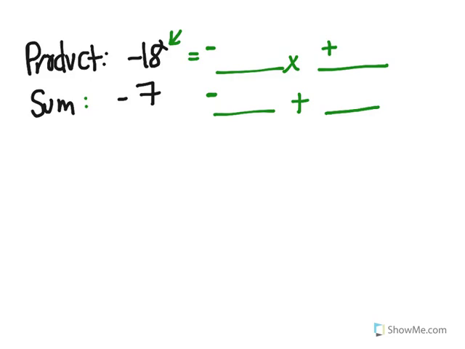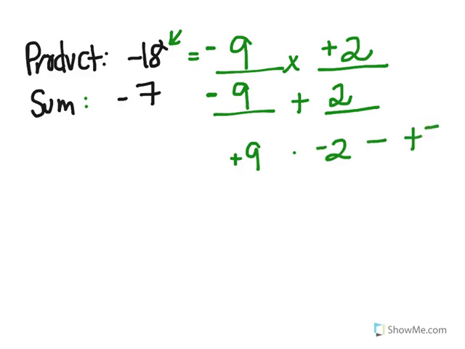So I'm going to do negative 9 times positive 2, and negative 9 plus 2 equals negative 7. Do you see that if I had positive 9 minus 2, I would end up with positive 7, but what I wanted was negative 7? So always make sure you have the signs right.